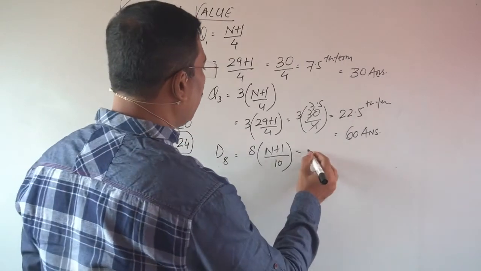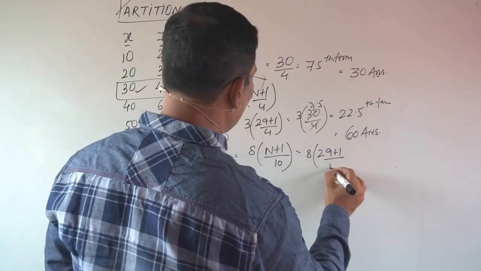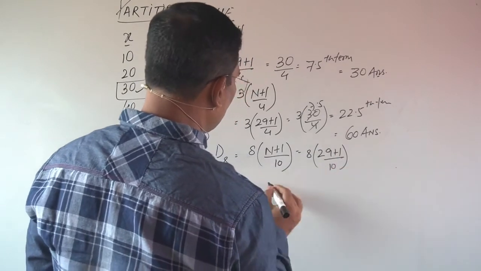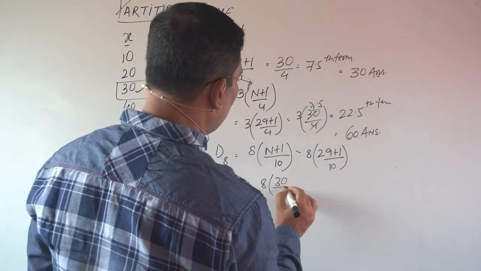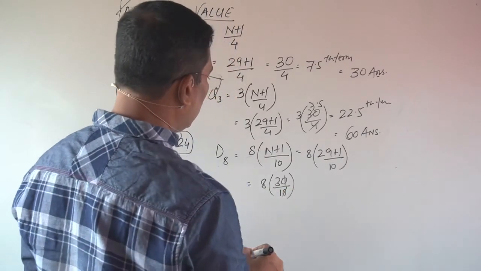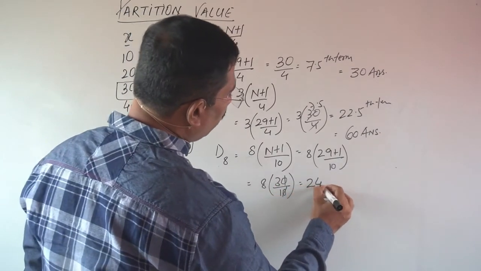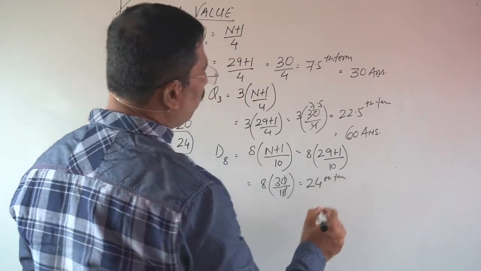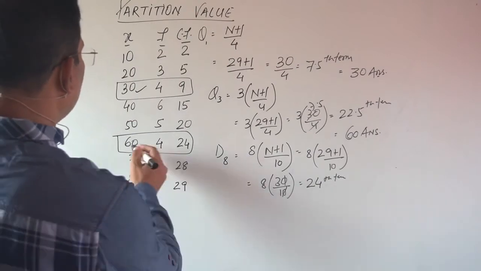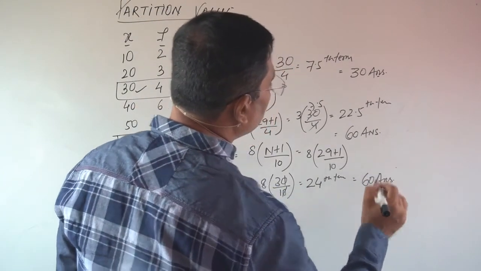Now 8 into (29 plus 1) upon 10. So the result will be 8 into 30 upon 10. Cancel. Then 8 threes are 24, the 24th term, and the 24th term lies in this 60. So again 60 will be the answer.